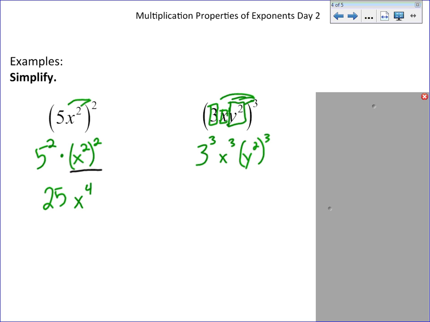And each one of those three things are going to get the third power. So 3 to the third power would give us 27. X to the third power, and then y to the second power to the third power is an example of a power property that we did yesterday. So we find the product of these two, which would give us y to the sixth.